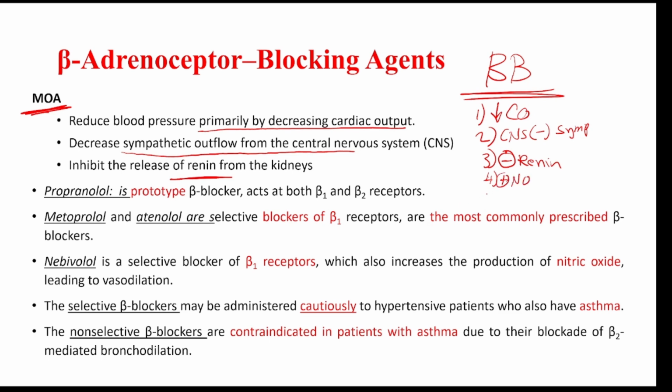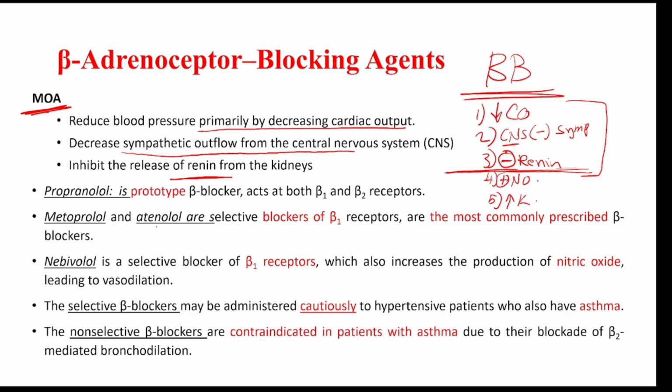Other theories talk about increased potassium level in the blood vessels. So we have several theories, but the main mechanism for beta blocker will be decrease cardiac output, inhibit sympathetic pathway in the central nervous system, and inhibit release of renin. But we need to keep in mind nitric oxide and potassium for later on.